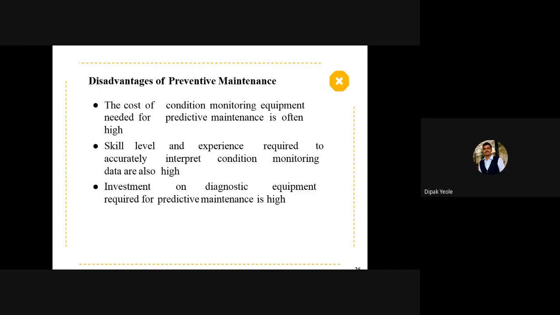Obviously, there are disadvantages also. So the cost of condition monitoring equipment needed for predictive maintenance is often high. Unnecessarily, we are using skilled labors, and this involves the cost of the labors.